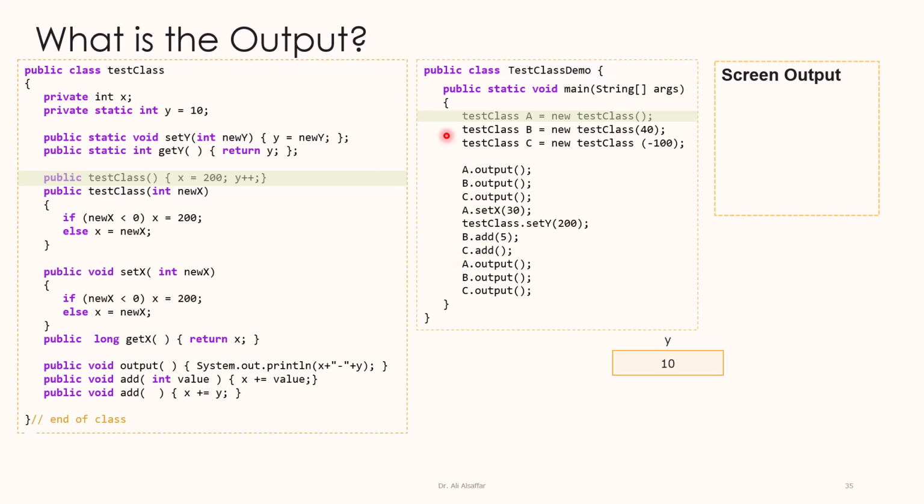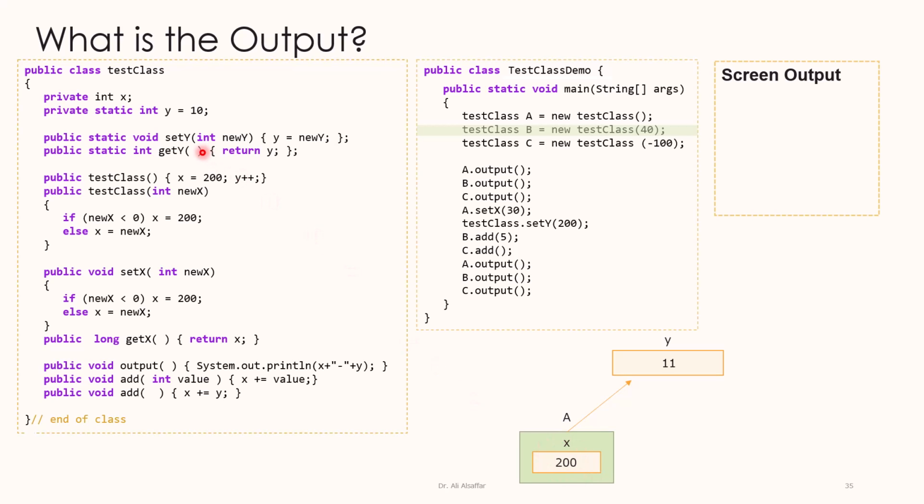So when we go to the next step, an object will be created called A. The instance variable x inside it is equal to 200, and at the same time it will increase the shared variable y by 1. And this is the picture that we are going to have. So you draw a box, you label it by the object name, which is A. You put all instance variables inside with their current values.